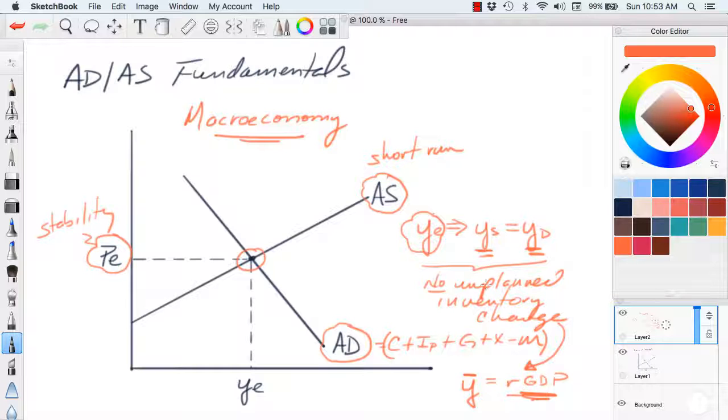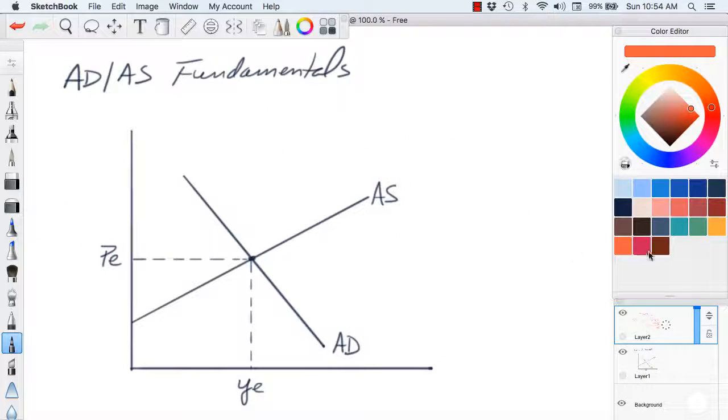So I'm going to erase the orange here, and I'll go to a green here, and I'm going to bring up my ruler again, and we're going to put some lines in here to help us out. So what if the price level is too high? What if the price level is above equilibrium? What would happen if prices are too high?